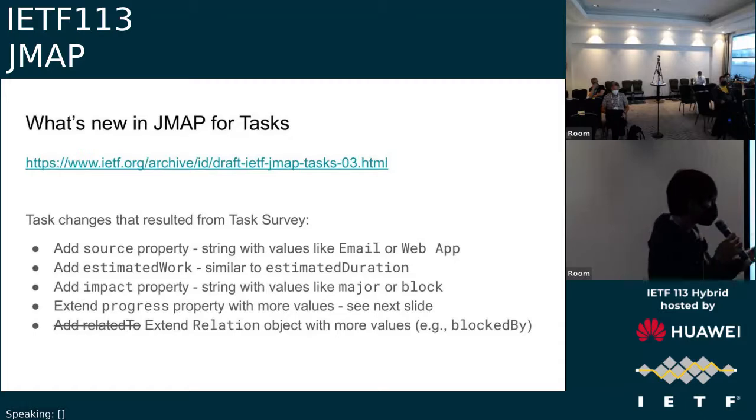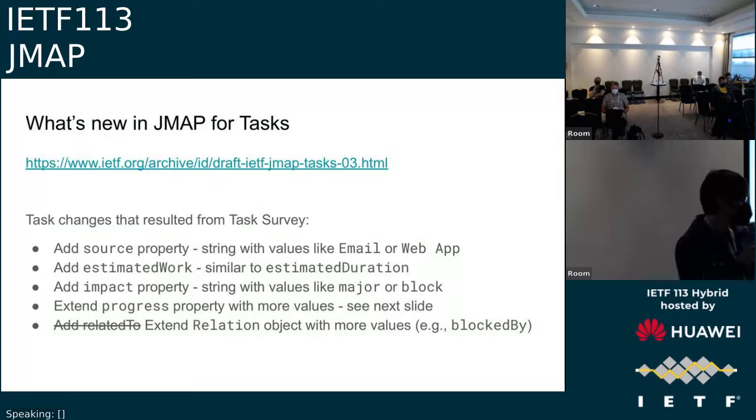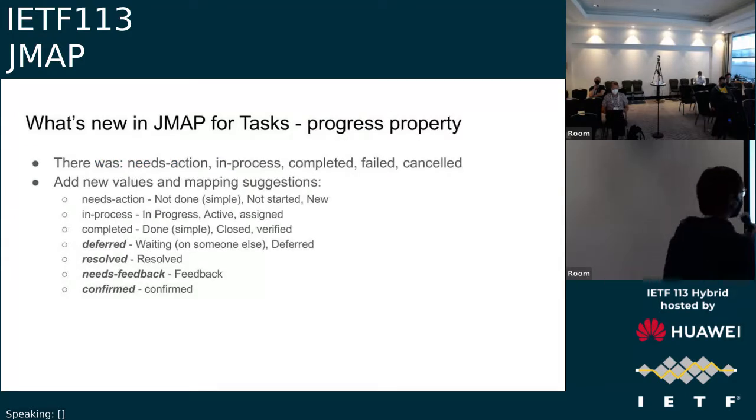What I wanted to do is extend the relation object with more values. So relatedTo can also contain blocked by, for example. Currently it contains values like child, next, things like that. Okay, if we can go on to the next slide.